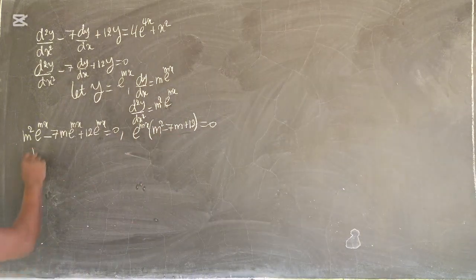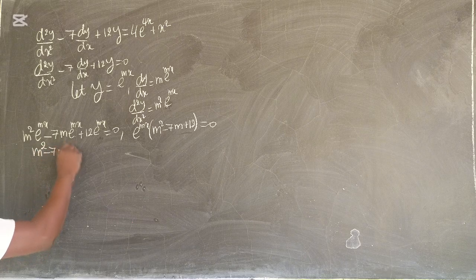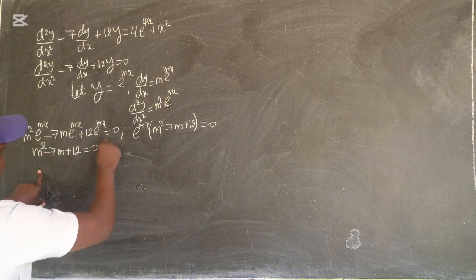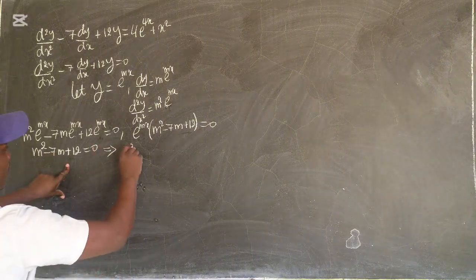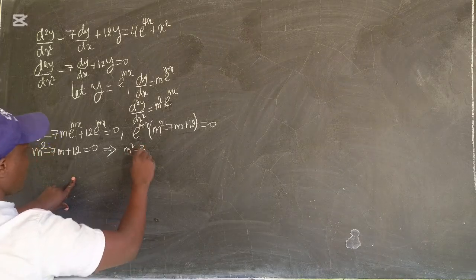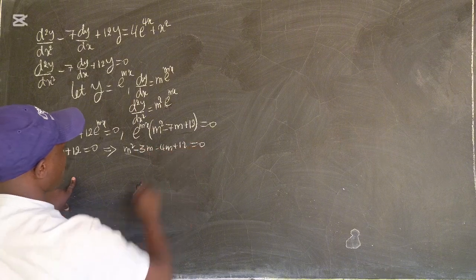We have m square minus 7m plus 12 which is 0. We know factorization can solve this. Let's factorize. You have m square minus 7m; 7 is the sum of 4 and 3, so we write minus 3m minus 4m plus 12, which is 0.